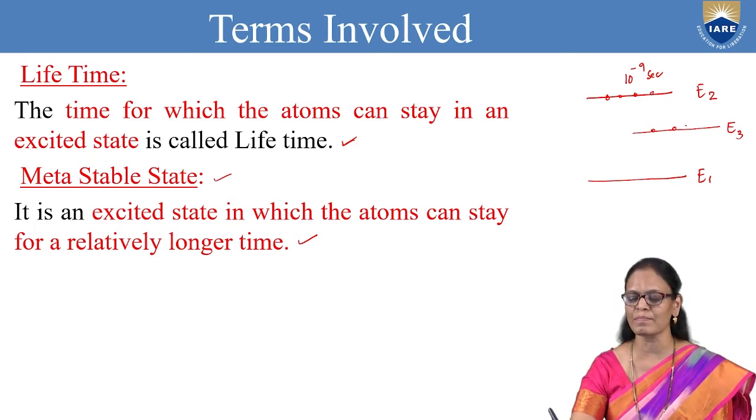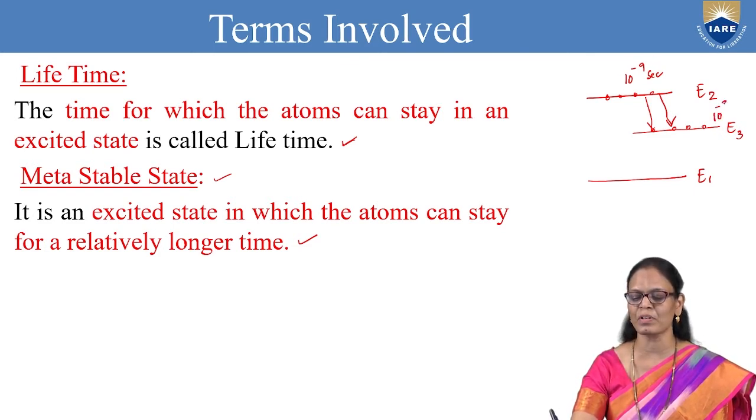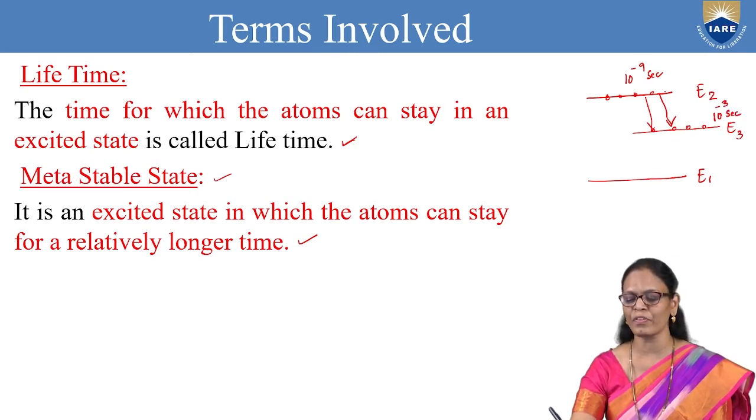When these atoms come here after transition, they stay in E3, and the time for which they stay here is relatively more when compared to E2. So, they may stay for 10 power minus 3 seconds in E3. If you compare the states E2 and E3, in E3 the atoms are staying for a relatively longer time. So, E3 will become the metastable state.